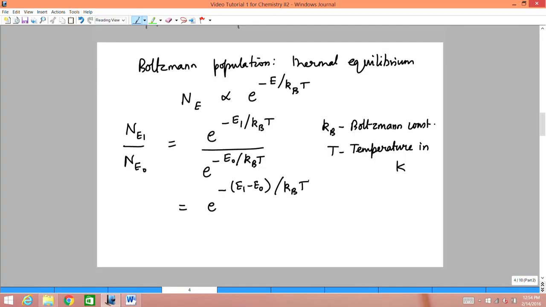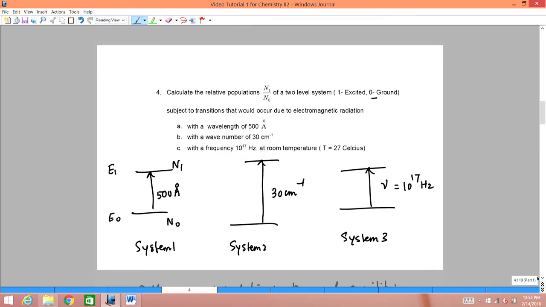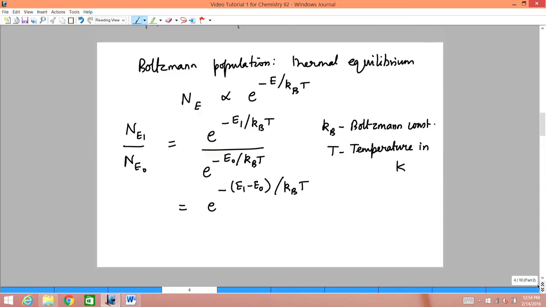If you go back to the problem, you see one data point is missing. Here T is equal to 27 is important. We need that data, T is equal to 27 or it's 300 Kelvin. So kB is known, kB is 1.38 times 10 to the minus 23 joules per Kelvin.